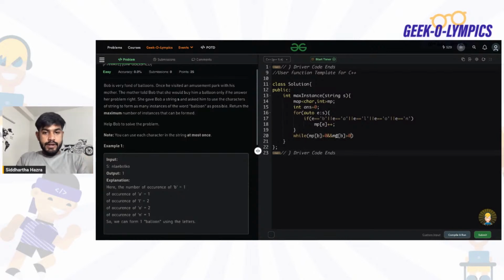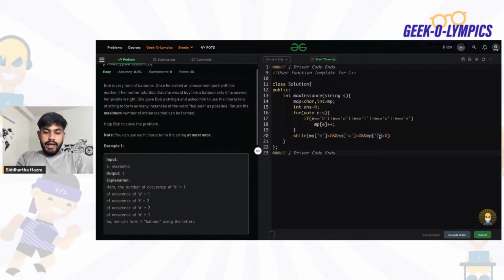A is also required once, so mp of a, okay, mp of b, and l is required 2 times.